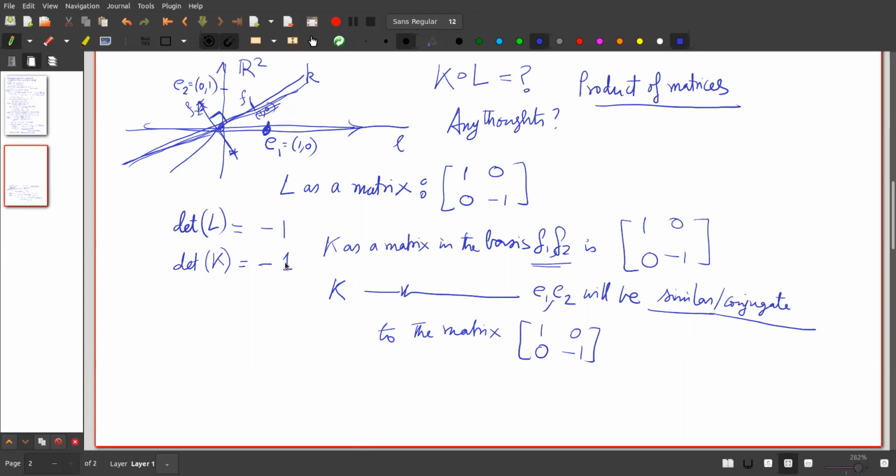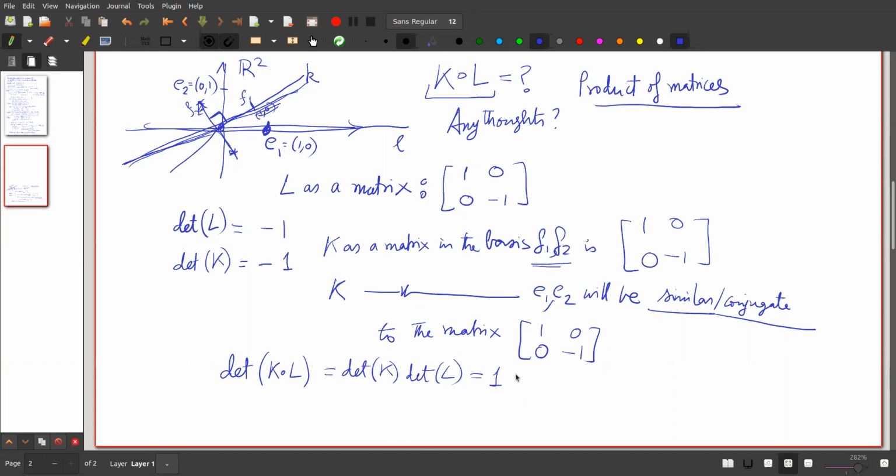So the determinant of any reflection is -1. And what is the determinant of the product of these two? 1. So determinant of K of L is determinant of K times determinant of L, which is -1 times 1, which is 1, right?